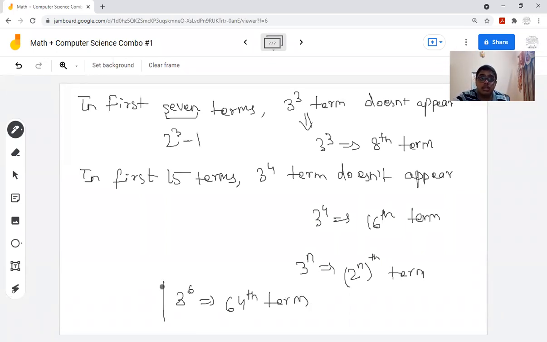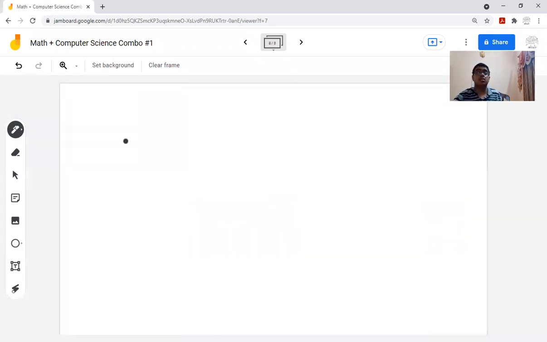So 3 power 6 is the 64th term, and that's a very good lead we got. So now comes the next term. We got the 64th term. What would be the 65th term? It's quite obvious. It's 3 power 6 plus 3 power 0.